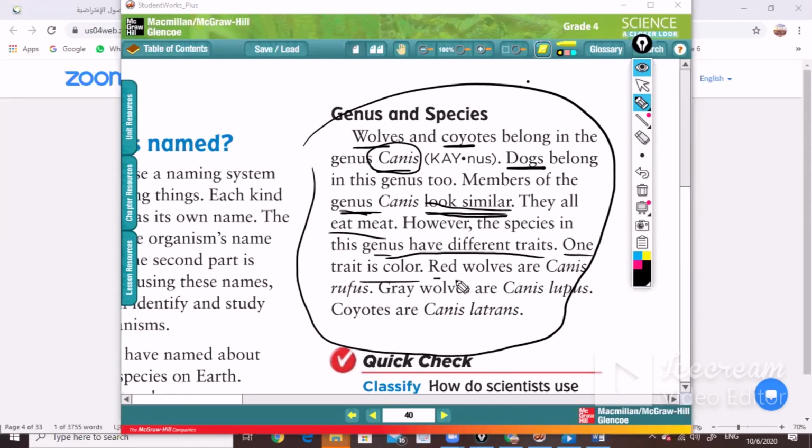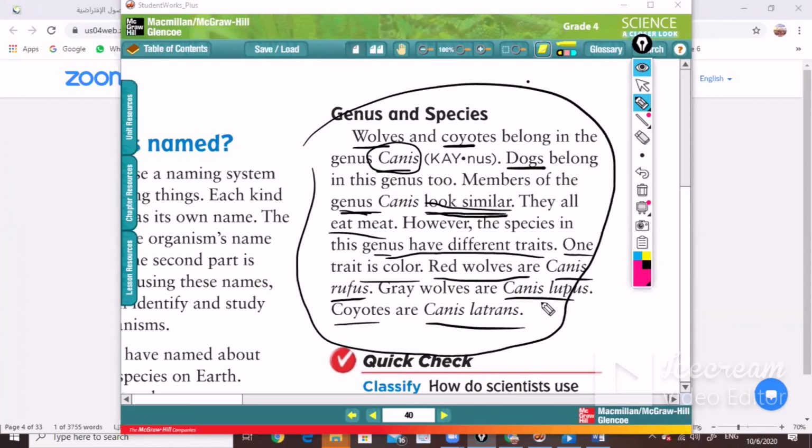The red wolf is Canis rufus. The gray wolf is Canis lupus. The coyote is Canis latrans. Again, red wolf, Canis rufus.